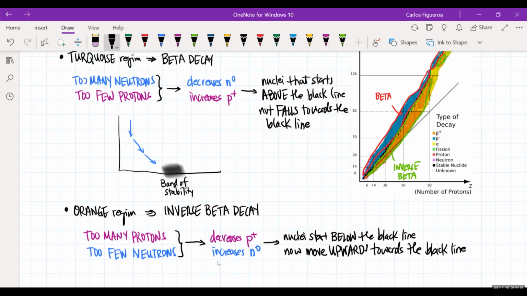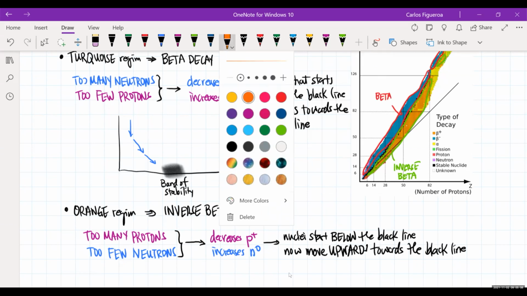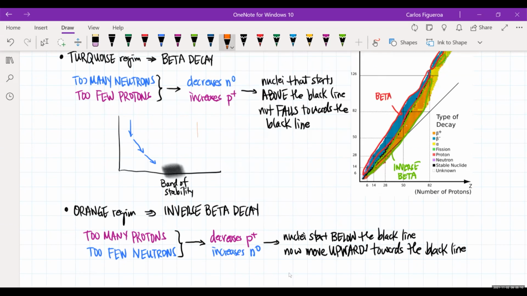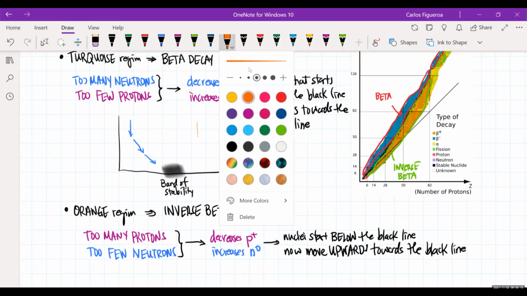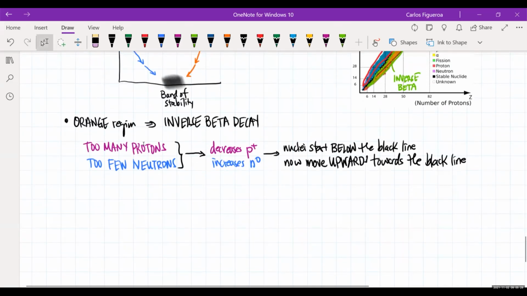But that's not the way we see it in the band of stability, because now these guys are doing what? They're falling. That's what I need. I need orange here. So now they're falling. Ooh, that is really thin. Okay, so they're falling, and as they fall, they're falling along that path. So that's what you're doing right there. That's what they call the drip lines.